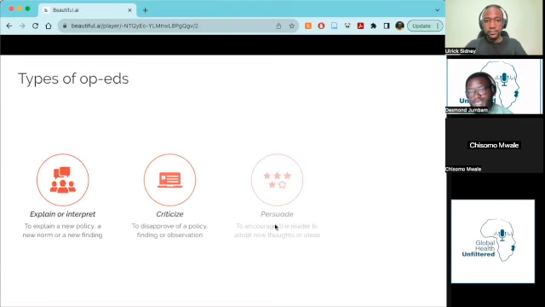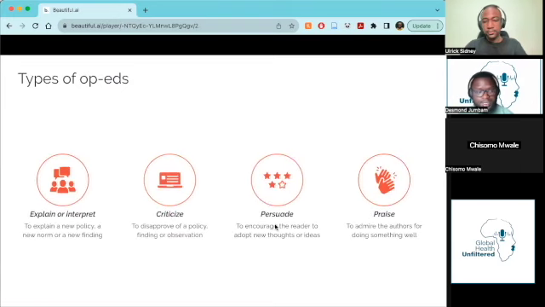There are different types of op-ed, different flavors of op-eds. There are op-eds that are written to explain or interpret, right? This could be similar to an op-ed that is written to emphasize the findings of a research study. You're explaining the research study in simple terms for the audience, or to explain a policy.